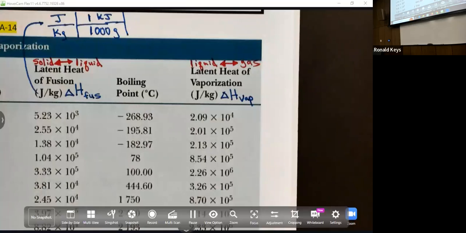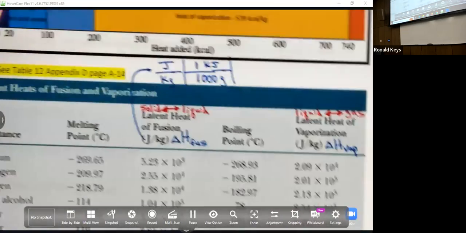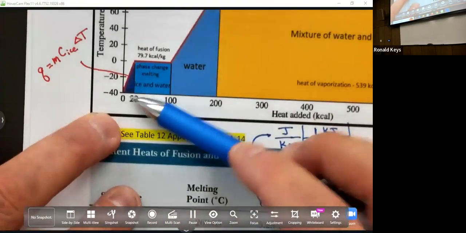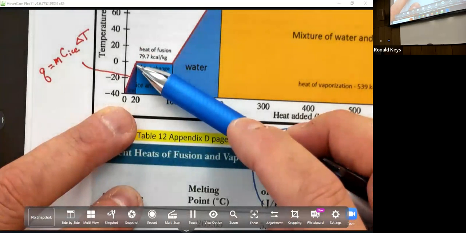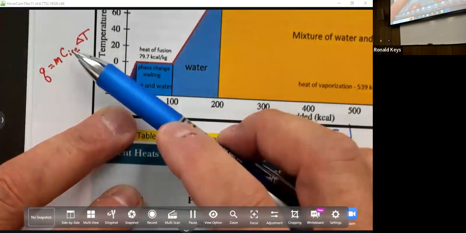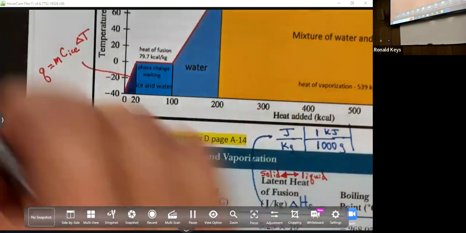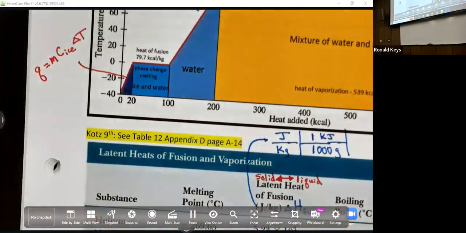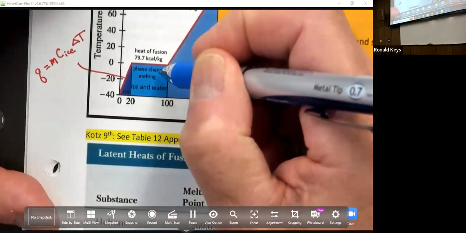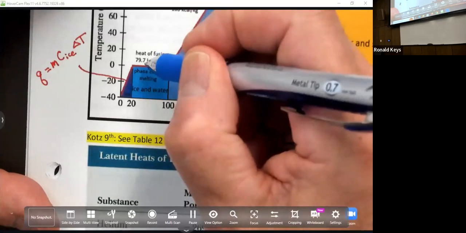So now let's go up to my diagram. First thing you have to do is get the ice up to the melting temperature of ice, which is 0, right? That is a separate specific heat for ice. Then right here, this flat line, you still have to put energy in, right? You have to melt all of your ice.